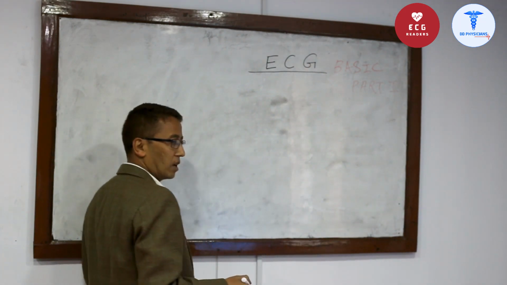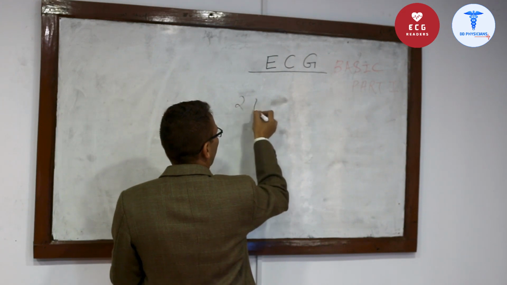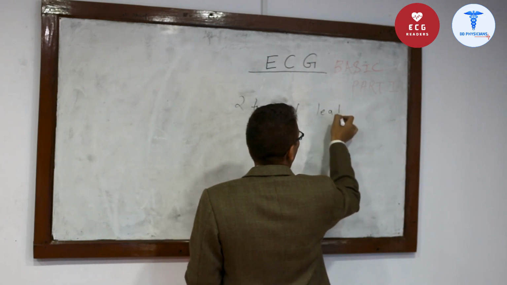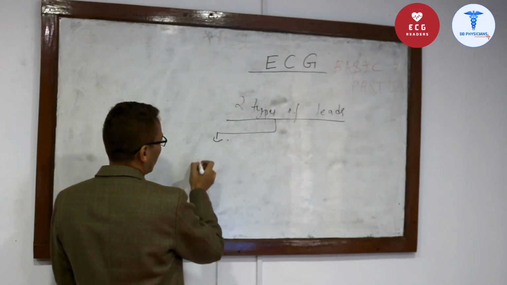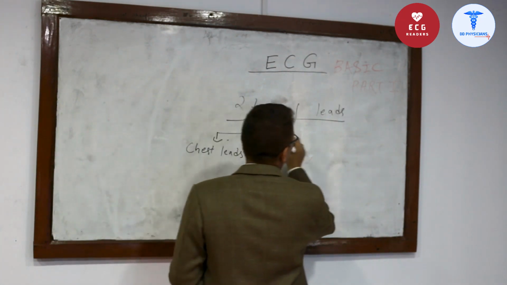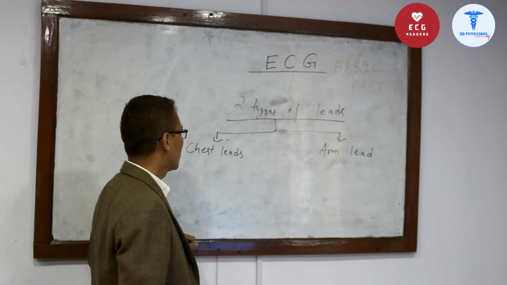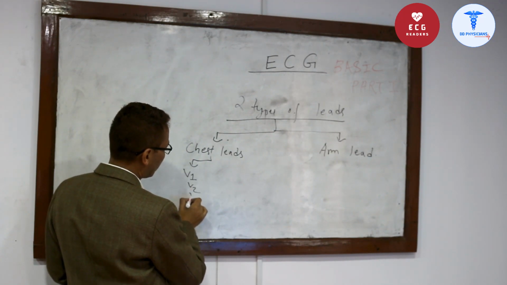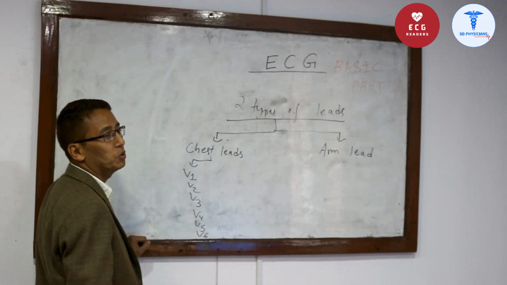All of us know there are 2 types of electrodes or leads: one is chest leads, another is arm leads. Chest leads are labeled as V1 to V6.